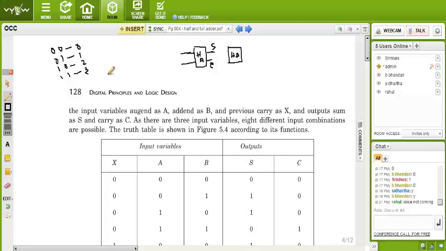Now what happens? Suppose we have to add 2 plus 2. Then what happens? Sorry, we just made a mistake. Basically this input can add a single bit, 0 or 1. Okay.